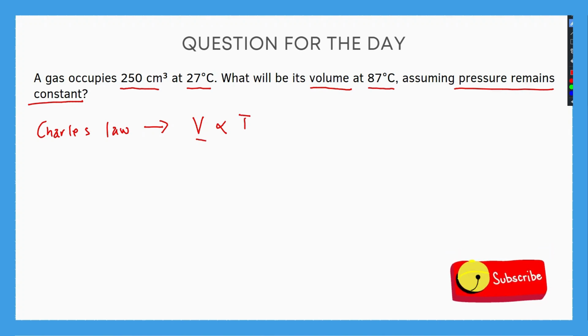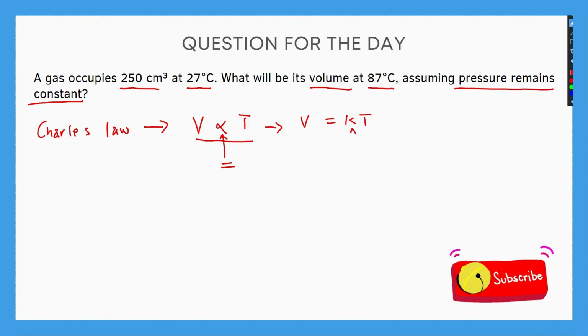So this is the mathematical expression for Charles' law. In order to turn this variation sign into an equality sign, we need to introduce a constant. So that becomes V is equal to K multiplied by T, or KT.